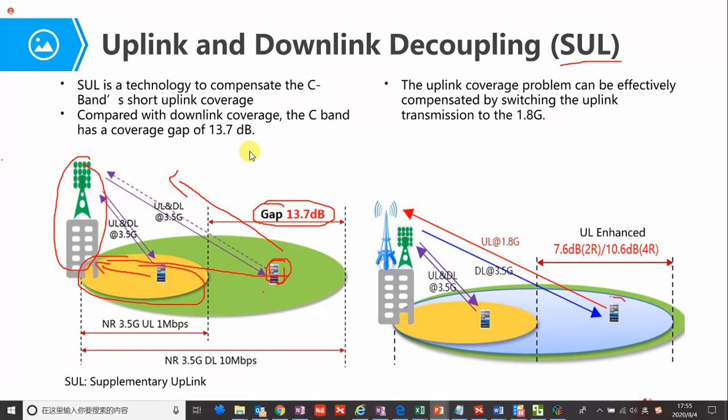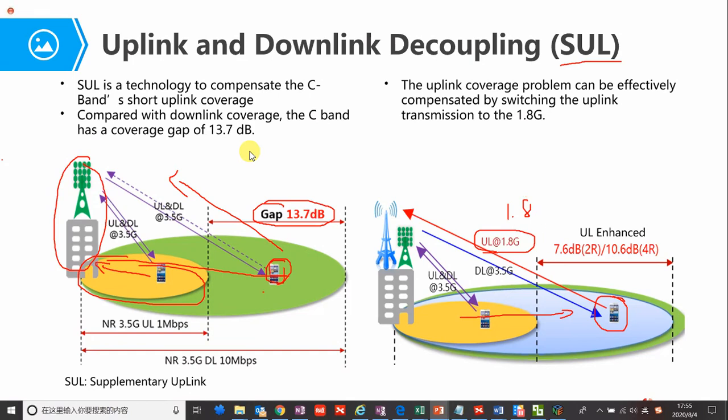When the UE is far away from the base station, the UE may use the 4G frequency band. Use this frequency, 1.8 gigahertz. A low frequency band has good coverage.